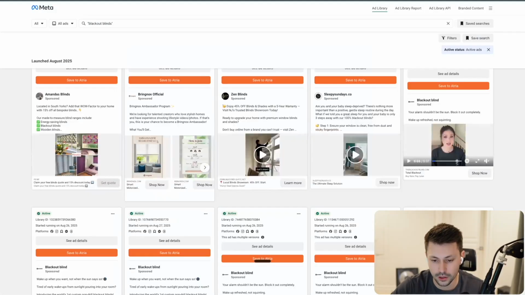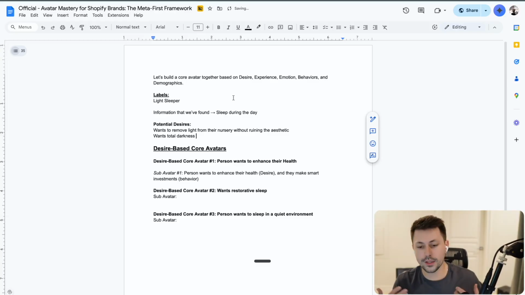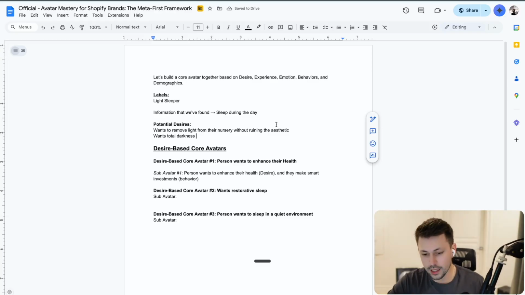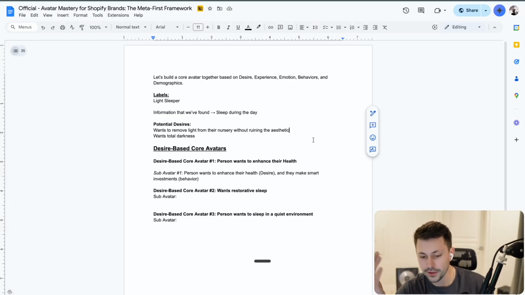The other desire that we had just found is total darkness, right? So wants total darkness. Now, again, you're always going to try to go back to the core of this. Like, why do they want to remove light from their nursery without ruining the aesthetic? Well, obviously they like the functionality of the blackout blind.